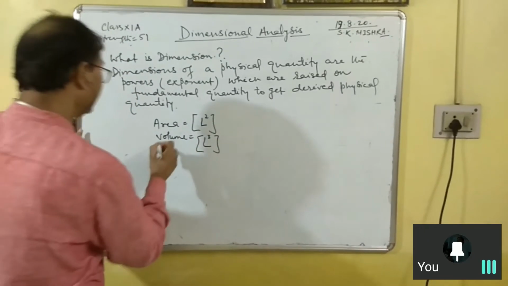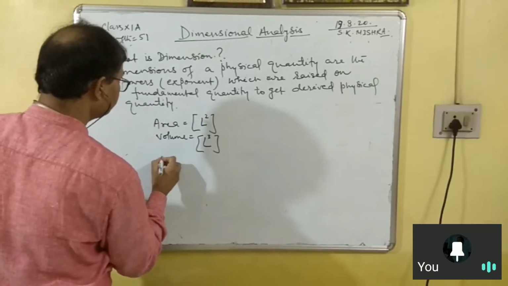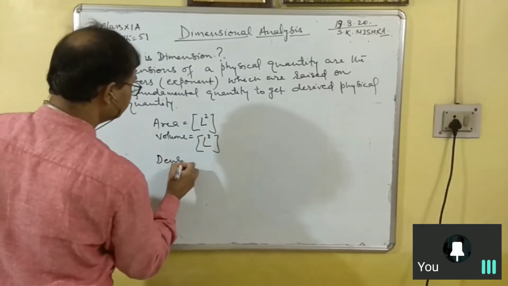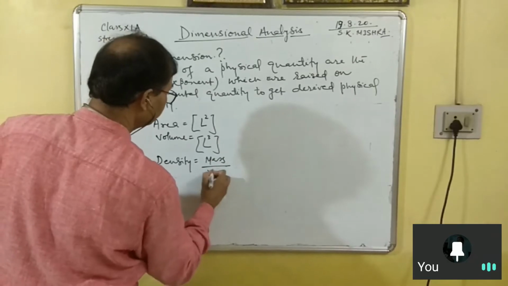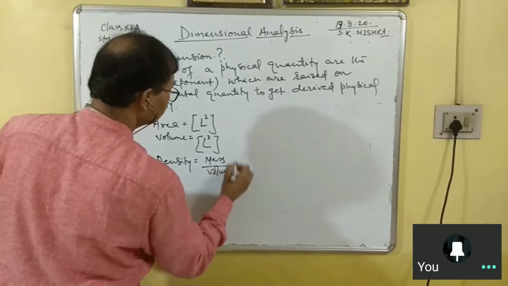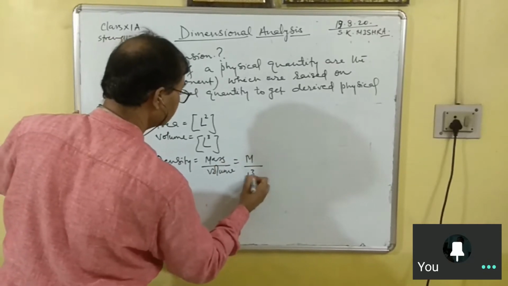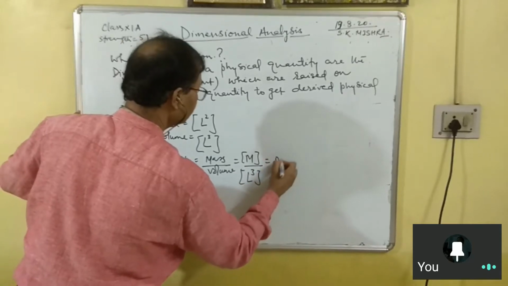Similarly you can write the dimension of a very fundamental quantity, that is density. Density is mass by volume. So mass is M and volume is L cube. So you can write this is M L minus 3.